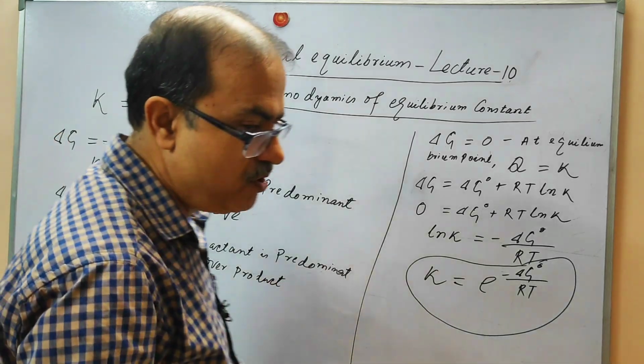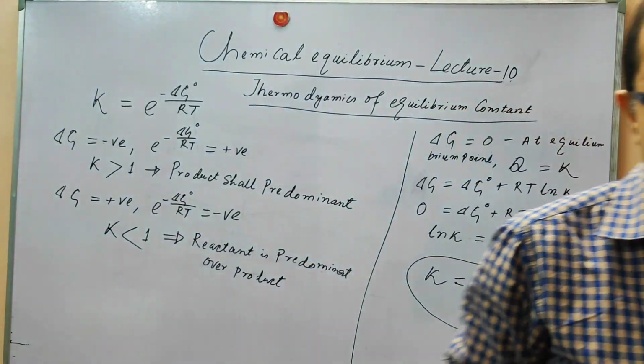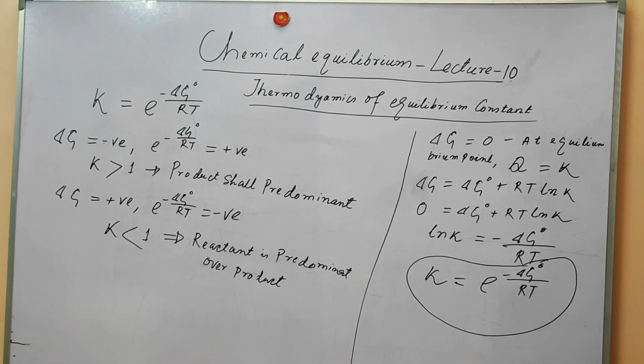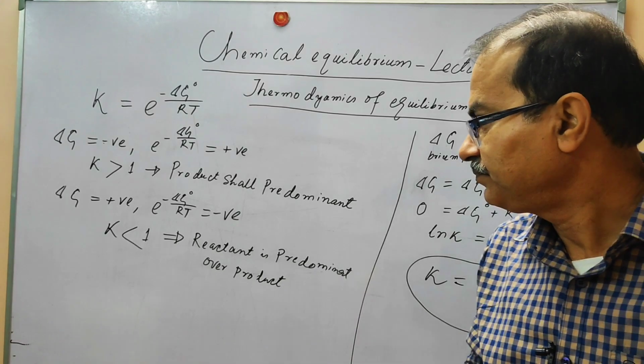So how the K value is correlated with del G, that we can understand from these discussions.